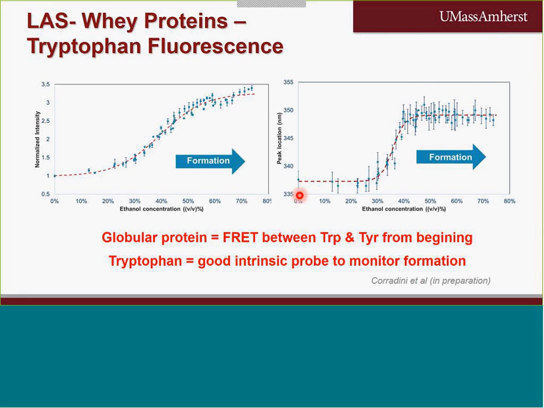We were observing as the environment around the probe changed and the whey protein aggregates upon itself, we could see a shift to a higher wavelength, a shift to the red. So in this particular case, this intrinsic probe is also a good source to monitor the formation in this particular system.